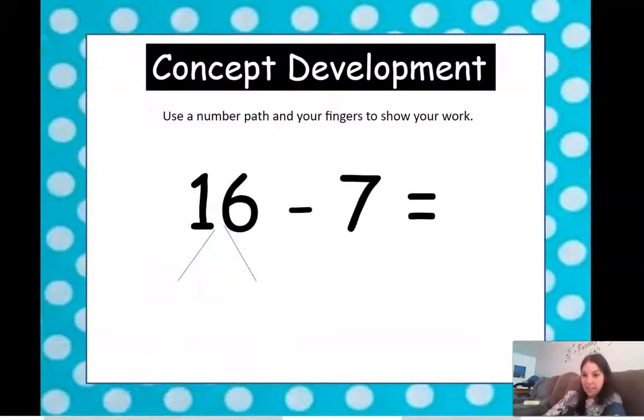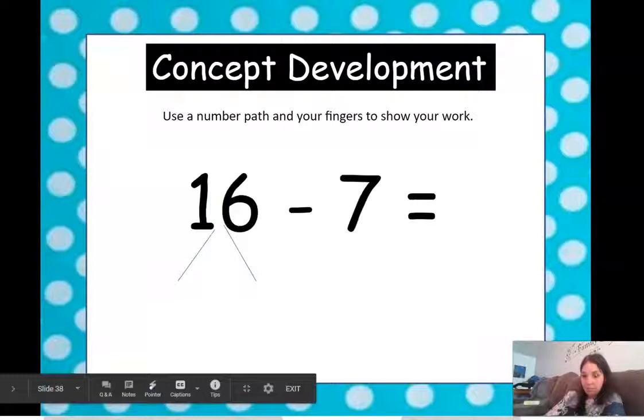16 minus 7. Let's say 7 in our head, or punch out 7. 7, 8, 9, 10, 11, 12, 13, 14. How many do we have? 7.